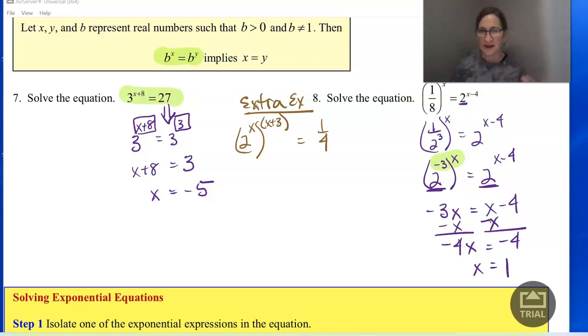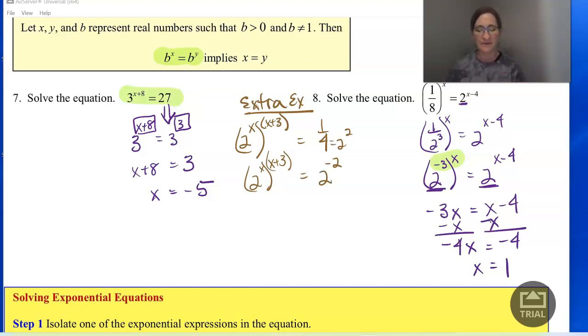Well, I'm going to first take that 1/4. So I've got 2 to the x times x plus 3 equals, I know that 4 is the same as 2 squared. And so if I bring that to the numerator, it's going to be 2 to the negative 2.